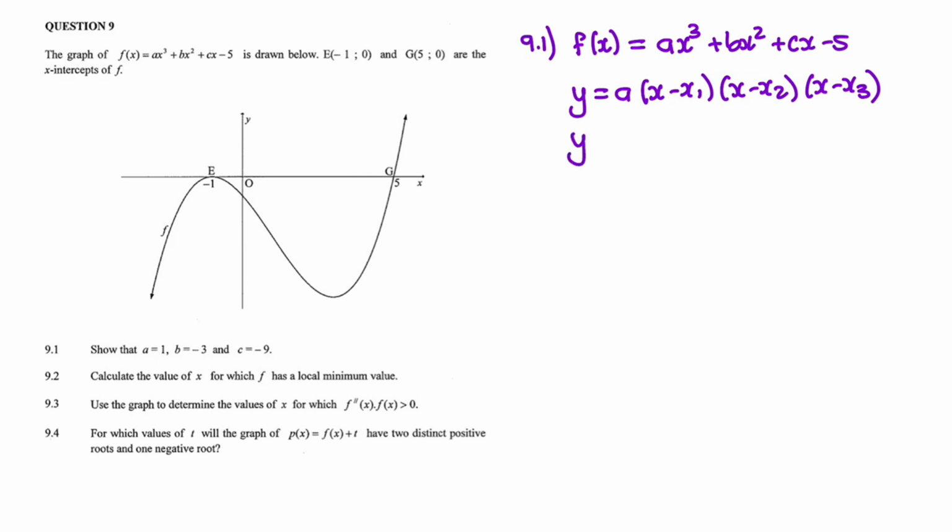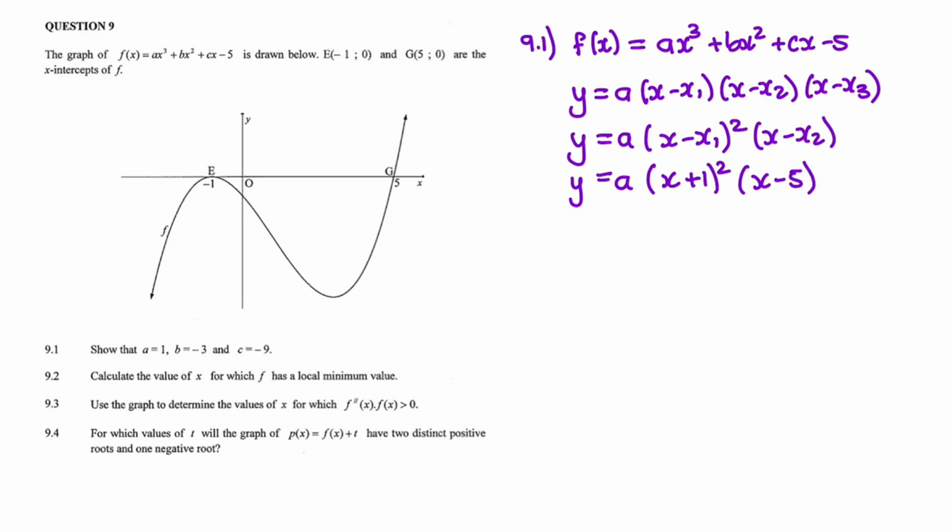So y can be written as a times (x minus x1) squared, that's the value that repeats, times (x minus x2). Now if I substitute my x-intercepts, I have a times (x plus 1) squared times (x minus 5).